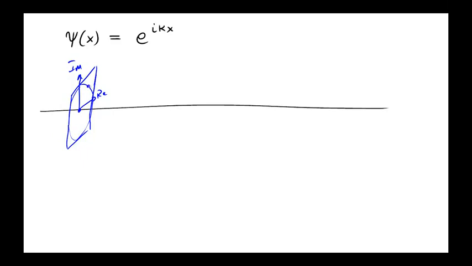But e to the i kx precesses, so this point precesses as x changes. One way to draw this function, you can imagine it looks sort of like a slinky.